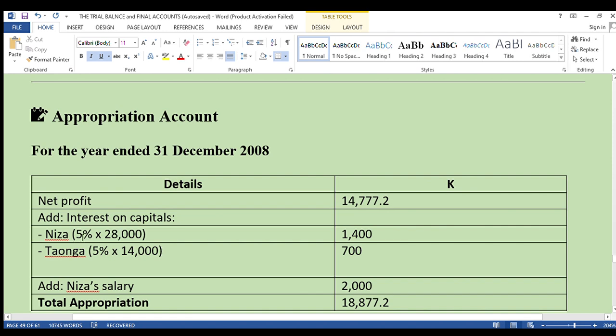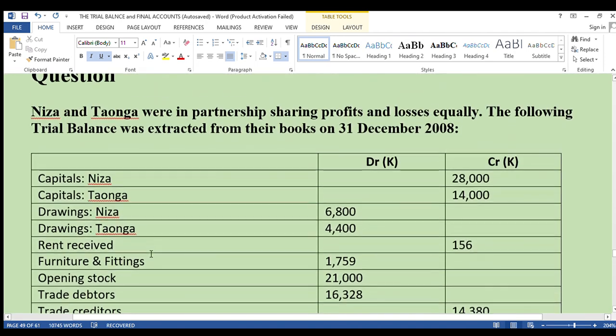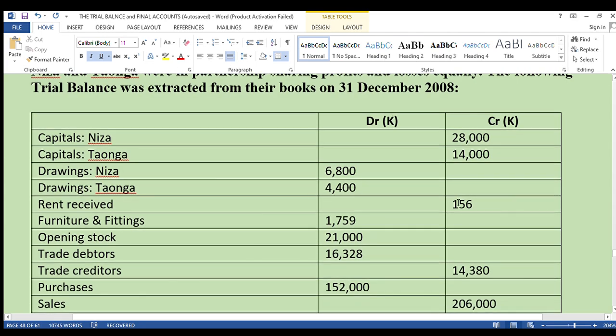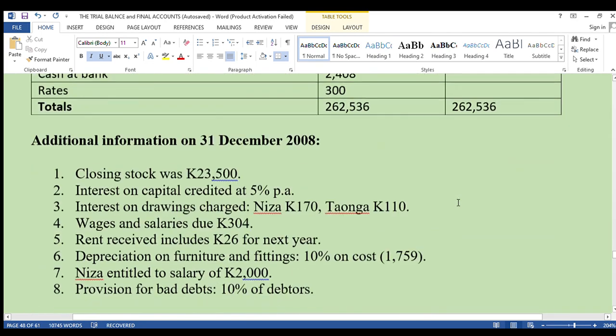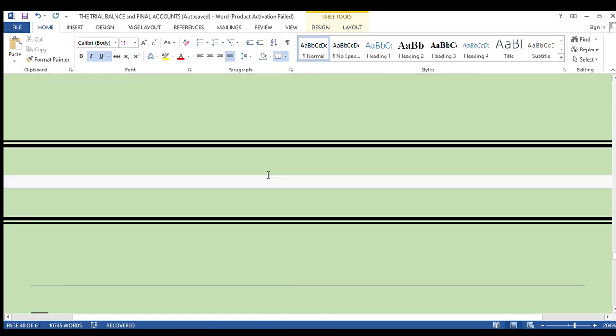For NISA, the capital was 20,000 and for Taonga it was 14,000, as we can tell from the trial balance. So 5% of 20,000 will be the interest and 5% of 14,000 will be the interest. This 5% comes from this statement here, which says number 2, interest on capital is 5%.